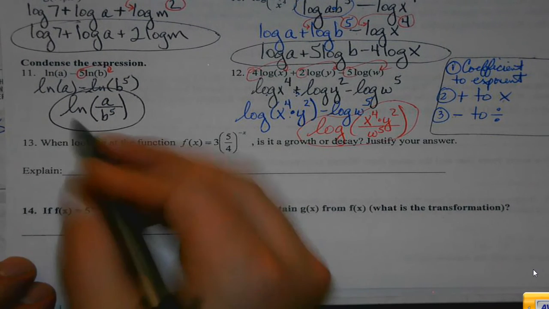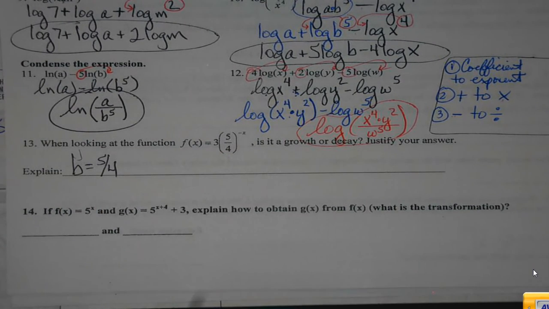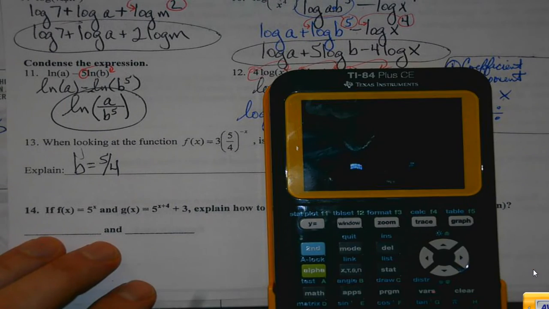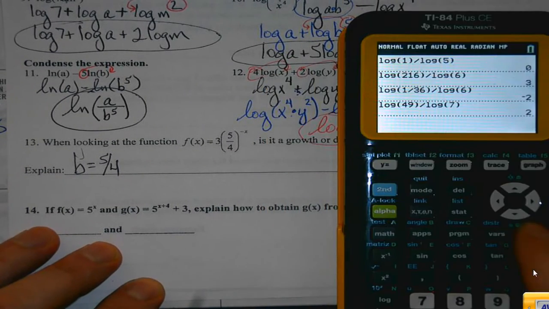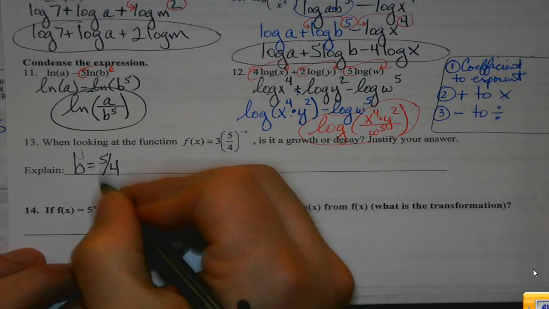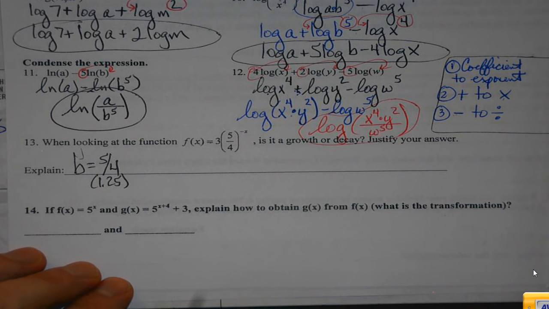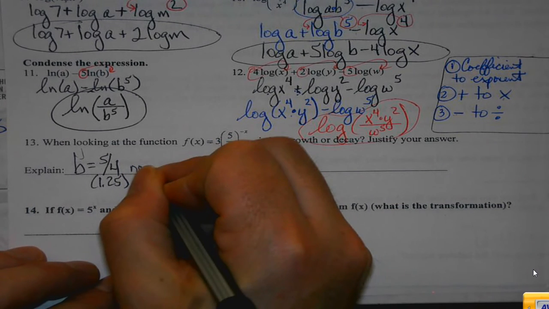Okay, the 5 over 4. 5 divided by 4 is 1.25. So normally, if you have a b value that's greater than 1, is that growth or decay? Okay, so that is normally growth.